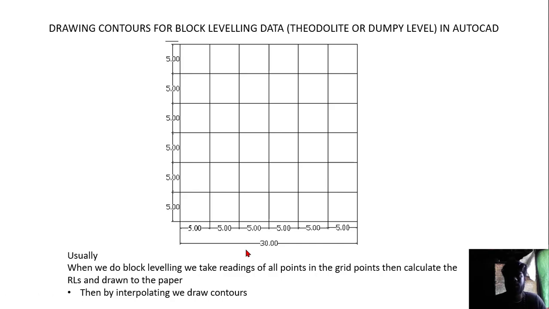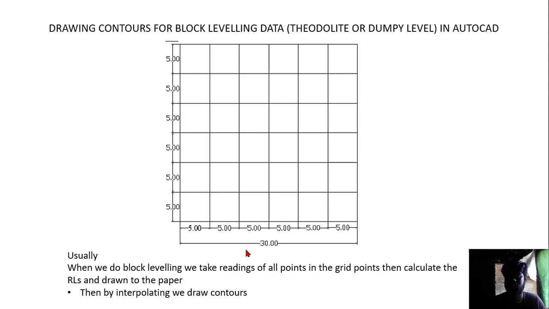Drawing contours for block leveling data. If you are using a theodolite or dumpy level, whichever leveling instrument is available in your work area. Okay, usually every field survey engineer uses the total station.